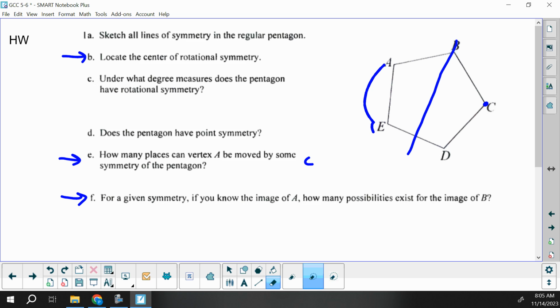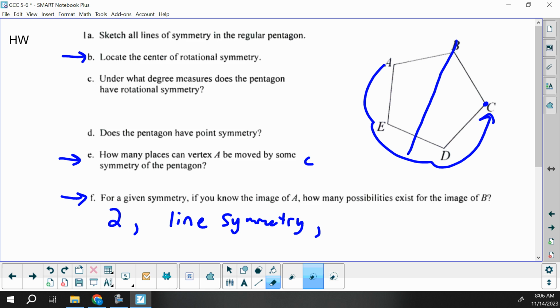So we would have to go 1, 2, 3 rotations, and that could get you to C as well. So how many different possibilities are there? There's 2. You could have one of them from line symmetry and one from point symmetry. And that tends to be a tricky question, which is why I wanted us to do it together.